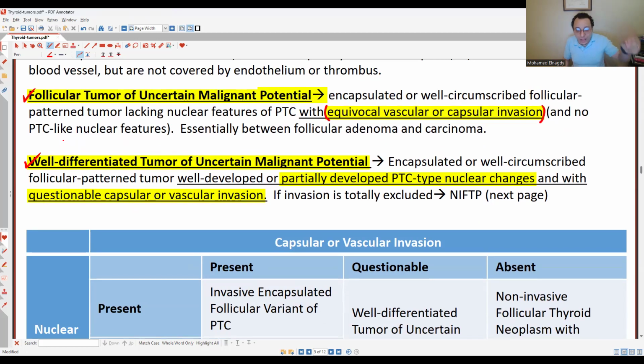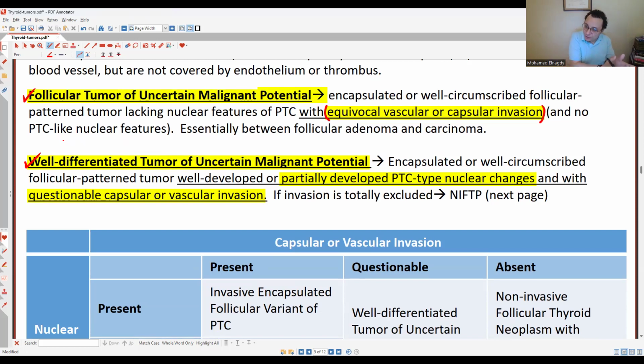So when do you call well-differentiated tumor of uncertain malignant potential? When there is disagreement, or when there are very few papillary nuclear features in a follicular neoplasm.